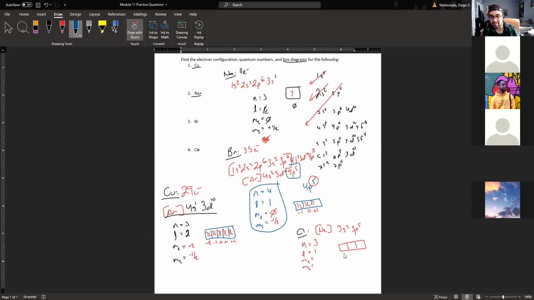And what values would you have? -1, 0, and 1. And then how will I fill the electrons? Facing up first. Down. Okay. And then what is the position of the last electron? 0. And then my MS value? -½. Negative. Yes. -1/2. Awesome.